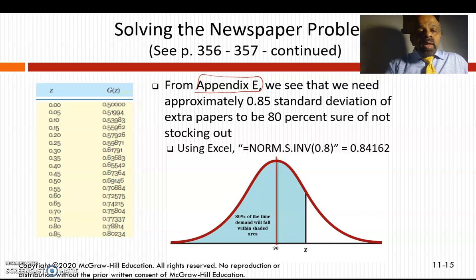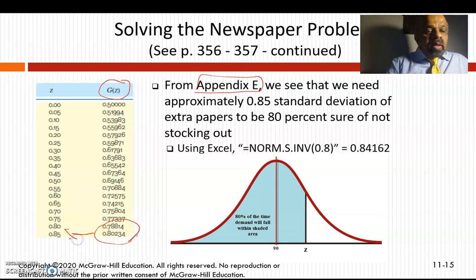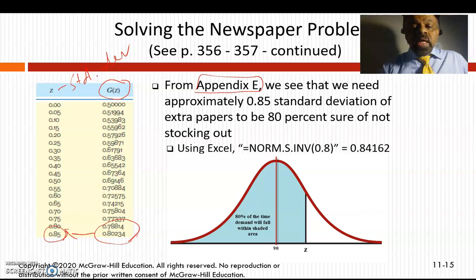In that table, under G of C, which is the probability, you look at 0.8 and you see that the Z is 0.85. So Z gives you the standard deviations. So we can say that we need approximately 0.85 standard deviations of extra papers to be 80% sure of not stocking out.